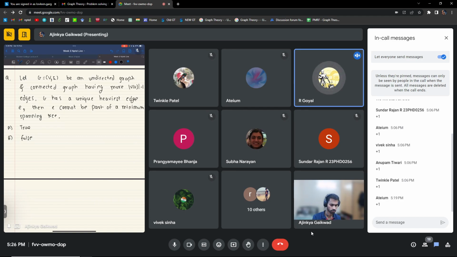So since we have |V(G)| minus one edges to select and we require only |V(G)| minus one edges, the first |V(G)| minus one edges will get selected. And since E is the heaviest weight and this is the only edge which has the maximum weight, it will be left at the end and the inclusion of this edge will most probably form a cycle.